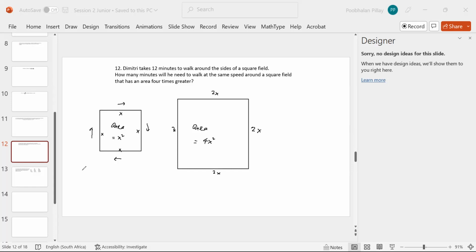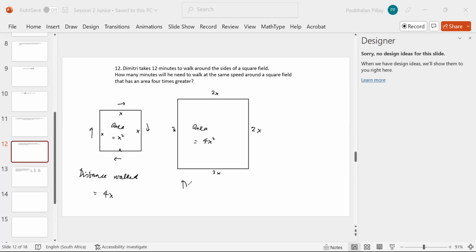In this case, the distance walked is the full distance around the boundary, which is 4x.